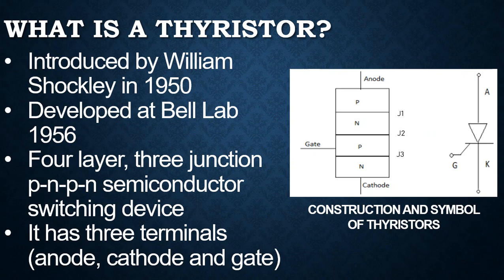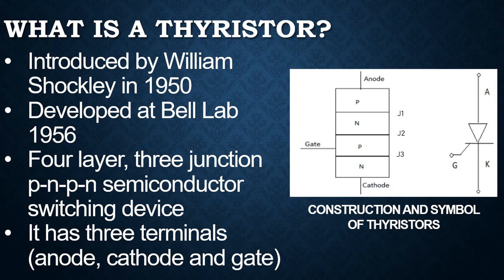Anode and cathode are responsible for the direction of current, while gate controls or allows the flow of current between anode and cathode. The figure at the right side illustrates the construction and symbol of a thyristor.